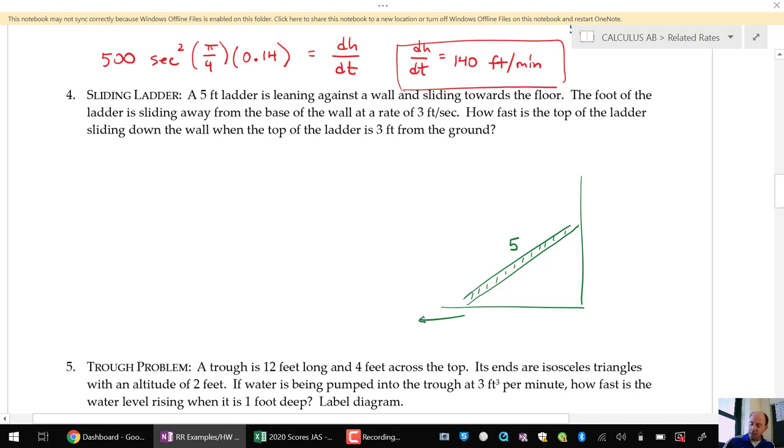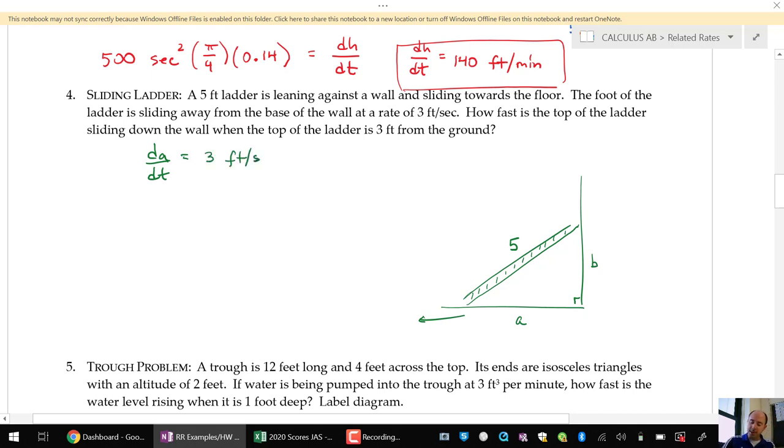The foot of the ladder is sliding away from the base of the wall at a rate of 3 feet per second. Let's call this A, and we'll call the distance from the top of the ladder to the floor B. So what I have here is this right triangle relationship, an a squared plus b squared equals c squared Pythagorean theorem relationship. If the ladder is sliding outwards, then dA dt is going to be 3 feet per second.